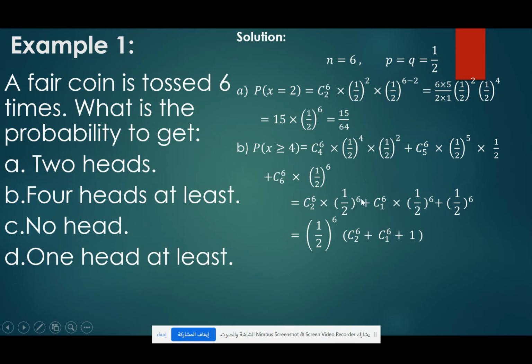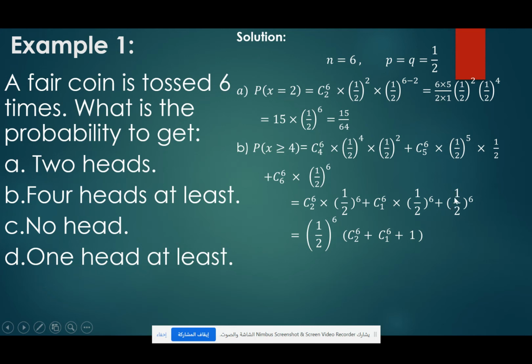Plus 6 combination 5: again using the simplification property, it is 6 combination 1 by subtracting 6 minus 5, times 1 over 2 to the power of 5 and 1 over 2 to the power of 1. By adding powers, you get 6. All this plus 6 combination 6, which is 1, and you can ignore it, and here 1 over 2 to the power of 6 you can write alone.